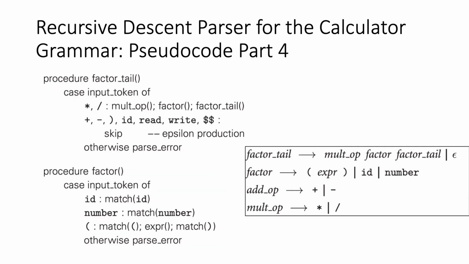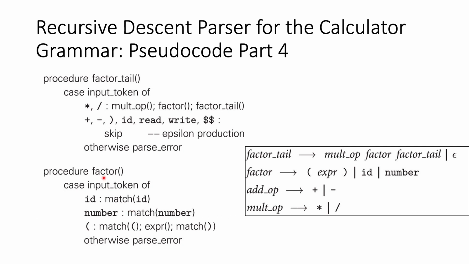Part 4 of the recursive descent parser for the calculator grammar consists of the subroutines for factor tail and factor. In the subroutine for factor tail, the way we figure out which tokens predict which production for factor tail is similar to that for term tail.